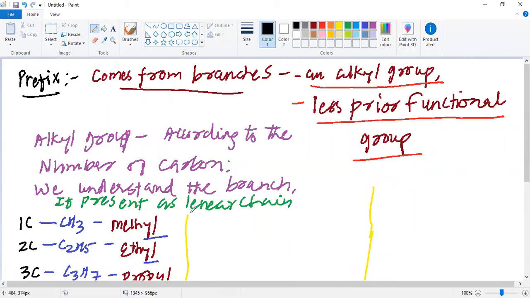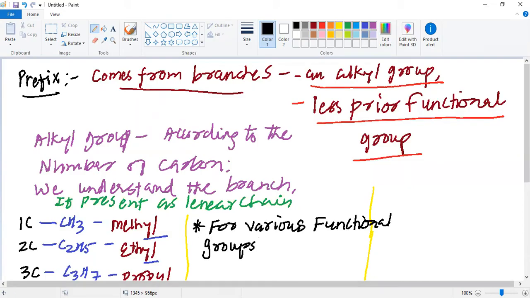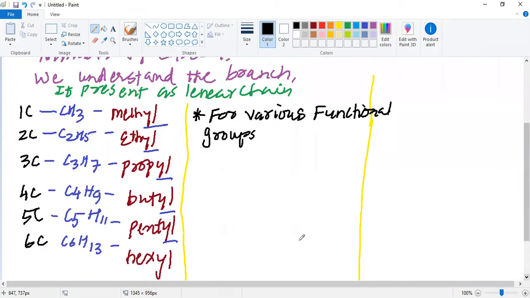Let me first give it for various functional groups which are less prior.